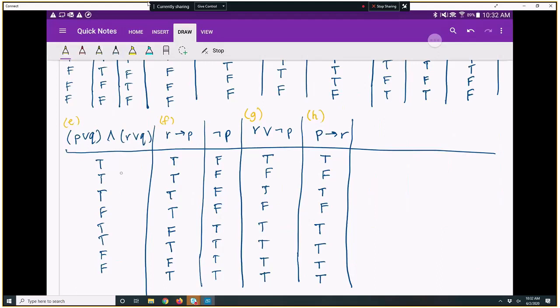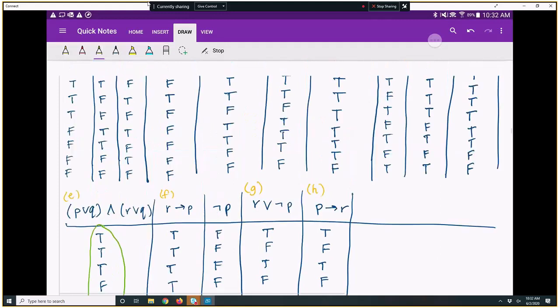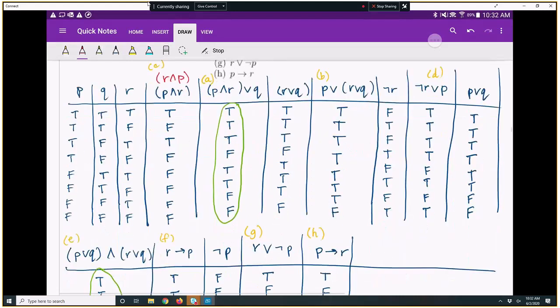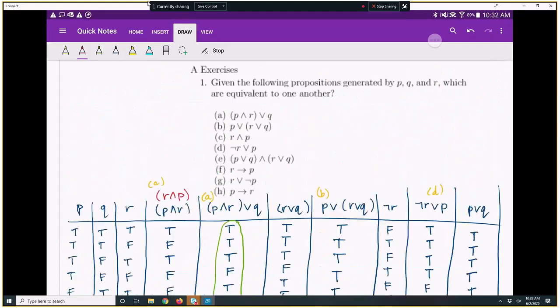That looks like it should be equivalent to letter E. So true, true, true, false, true, true, false, false. These are the same. So I'm going to say A and E are equivalent.